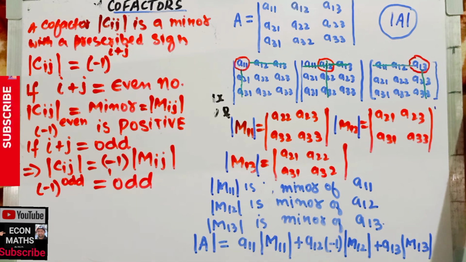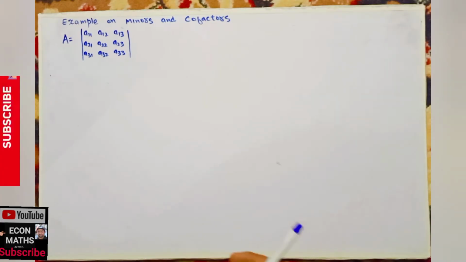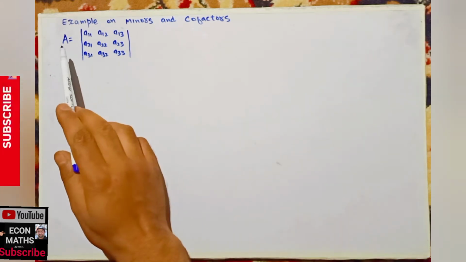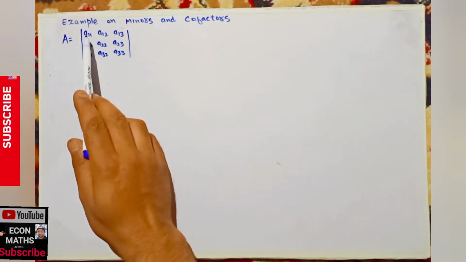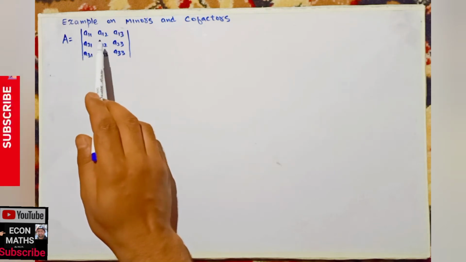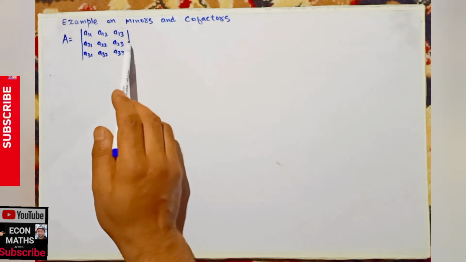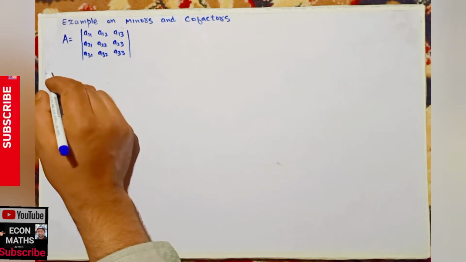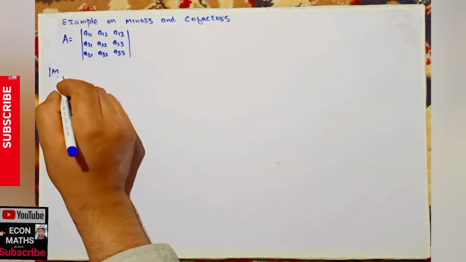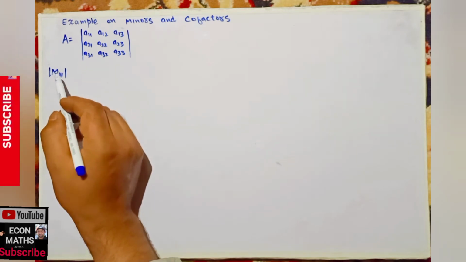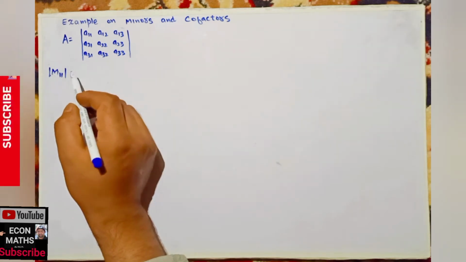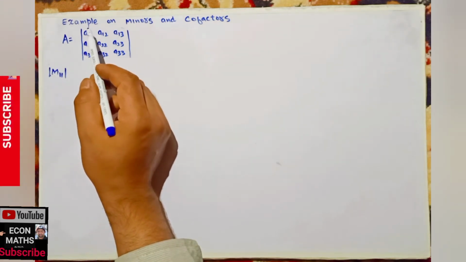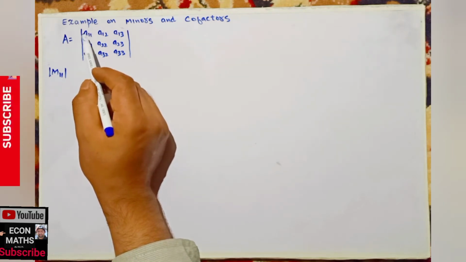So we will take an example here. Now let's have an example on minors and cofactors. If we are given a matrix A equal to A11, A12, A13, A21, A22, A23 and so on, these are the elements of this matrix A, then the first minor, denoted by M11, is the minor at the place of A11.